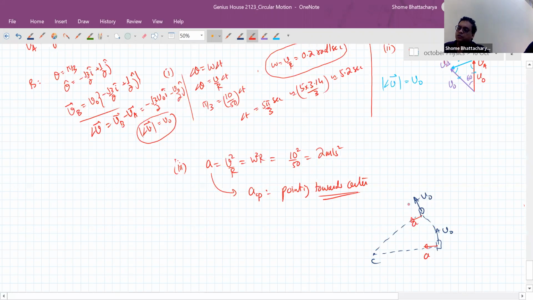So in the horizontal plane, what is the net force? It's friction. Mg is going into the plane, and normal reaction equal to mg is coming out of the plane. So there's only one force that can support this acceleration, and that is the friction.